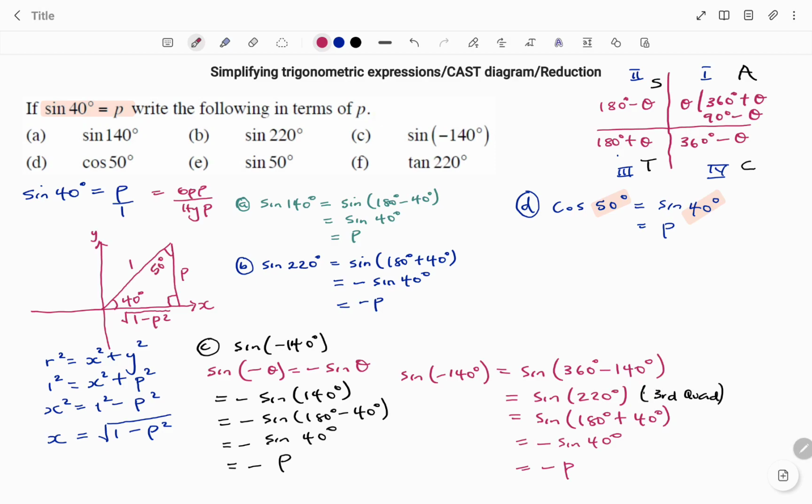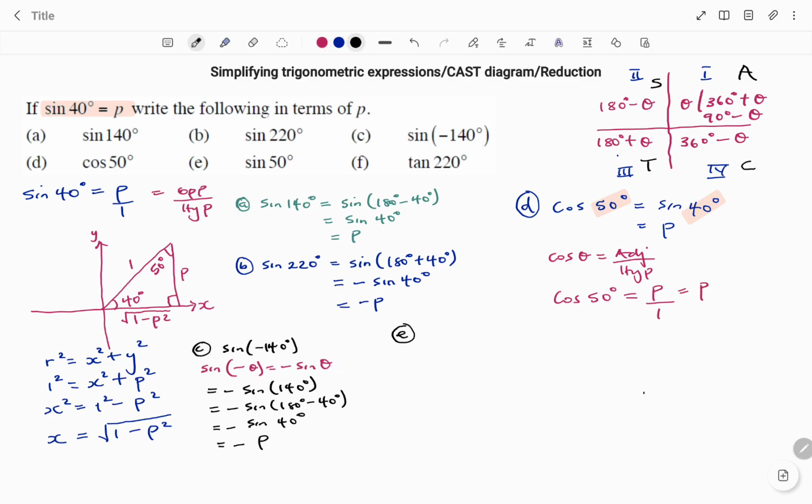Using the trig ratios, cos theta equals adjacent over hypotenuse. In this case, my theta is 50 degrees, so I have cos 50 degrees equals adjacent, which is P according to the diagram, over my hypotenuse, which is 1, and that will give me P. So you have two methods to use.